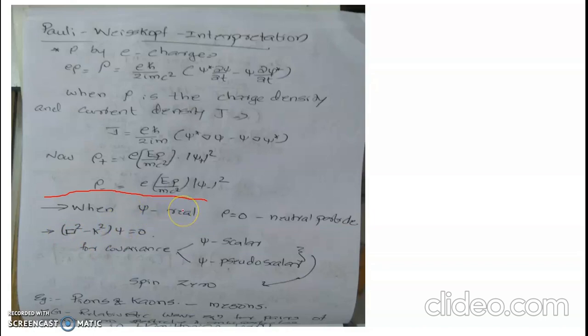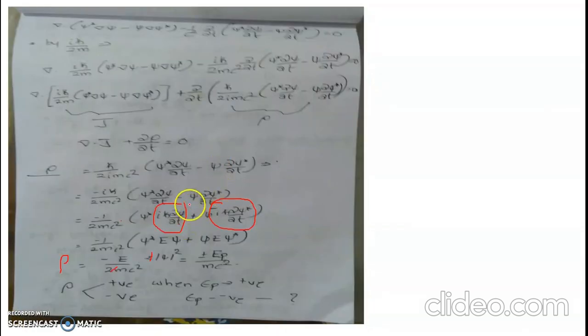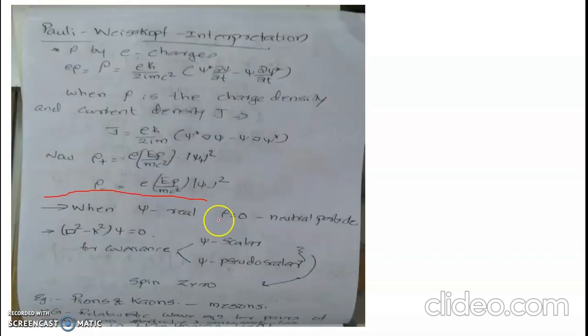When ψ is real, then of course rho will be equal to 0, because for a real parameter you cannot go with this positive sign here. Minus iħ ∂ψ*/∂t will be minus itself, since ψ is a real parameter. ψ* and ψ will have then the same meaning. Then this will be minus, and this rho will be tending to 0. And the interpretation will be clear then also, because rho can have 0 value also.